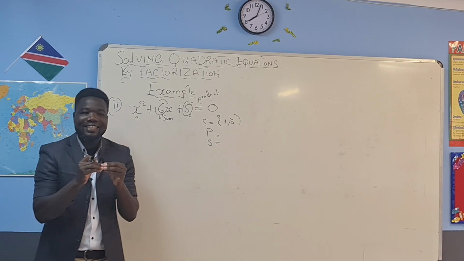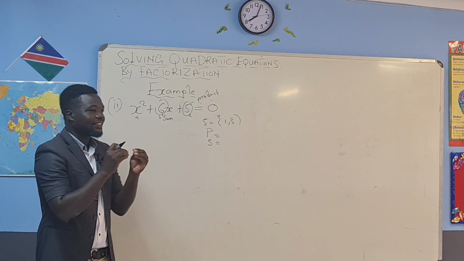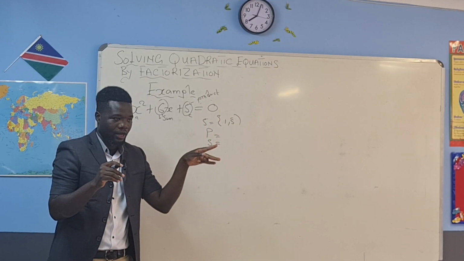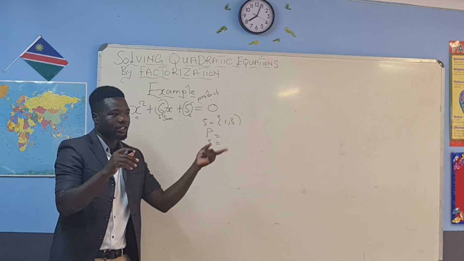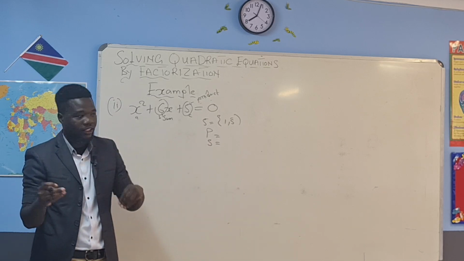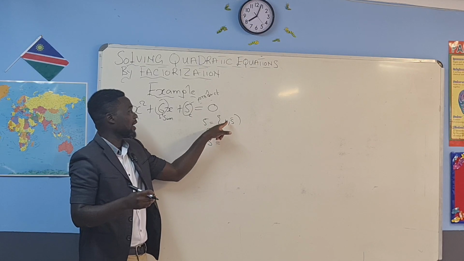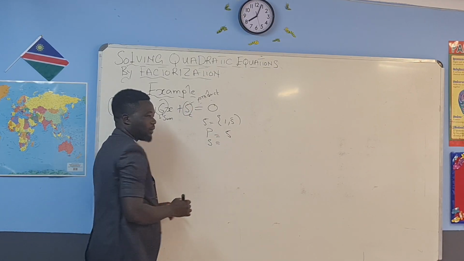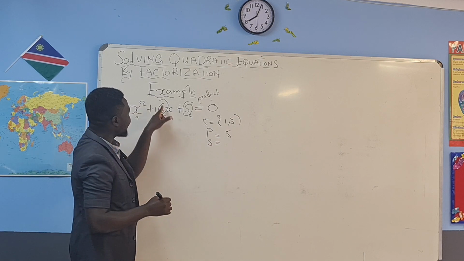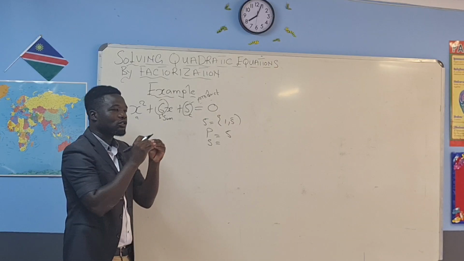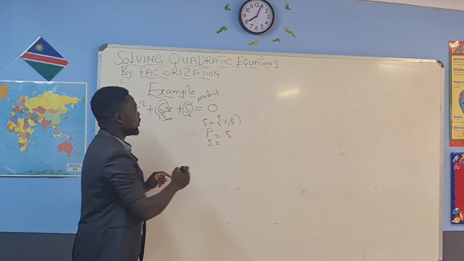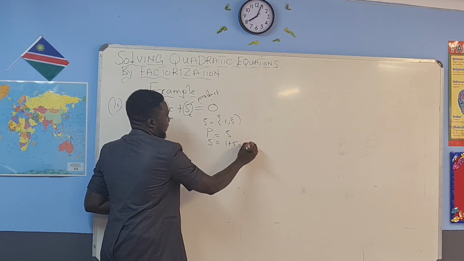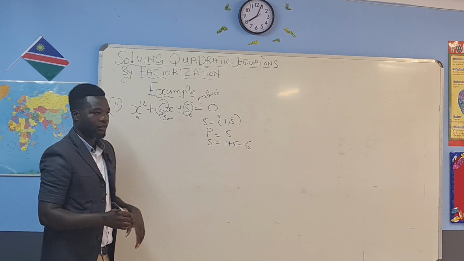The product is the answer that we get after multiplying 2 whole numbers. In this case, we can multiply 1 times 5, and the product is 5. And the sum is when we add 2 numbers. So if we add 1 plus 5, we are going to get 6. Are we together?